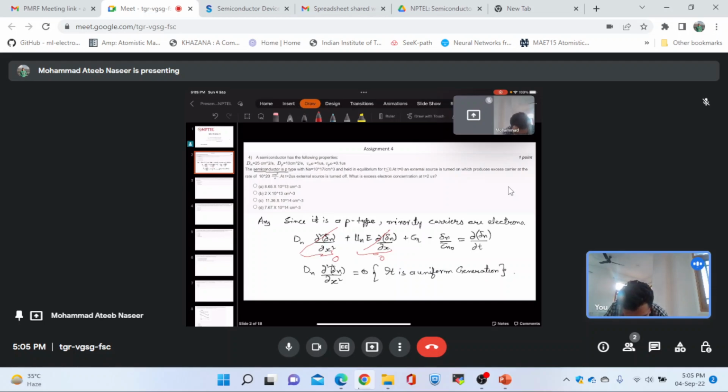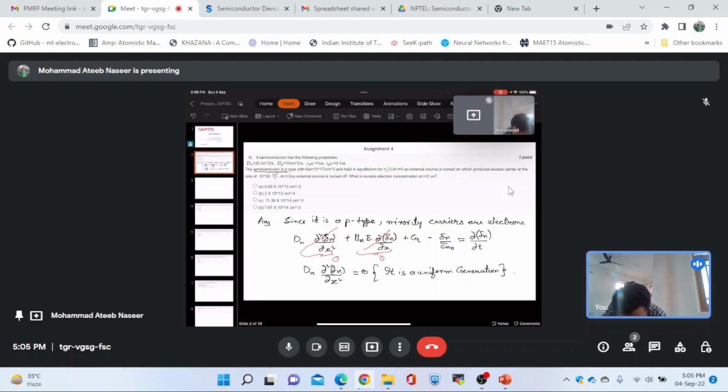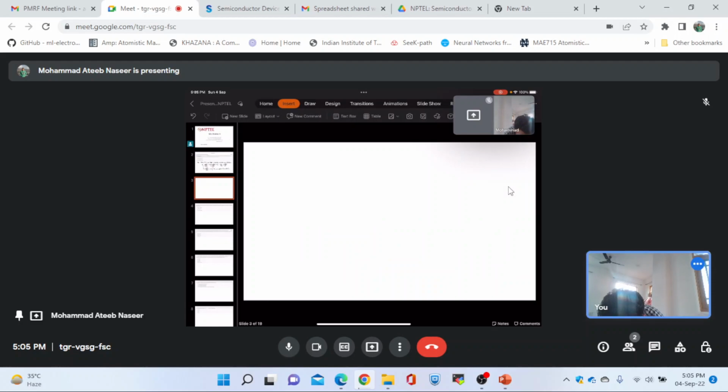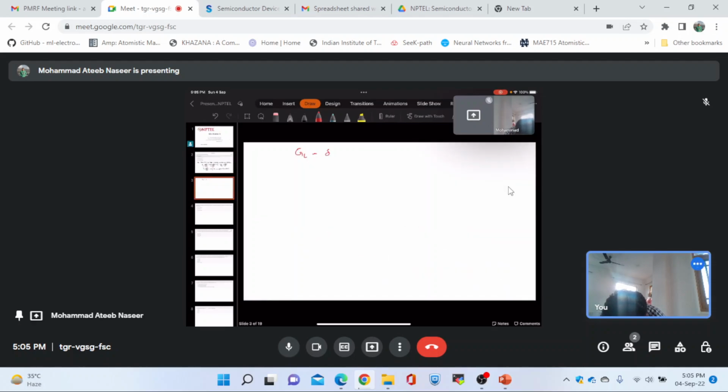Now we are left with this term GL, which is the generation term. GL minus delta n by tau n naught is equal to d by dt of the excess carrier concentration.